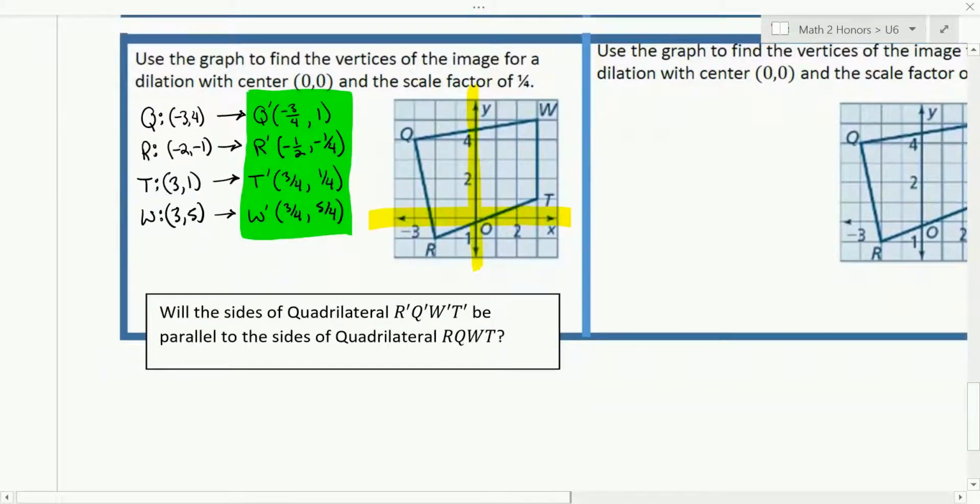There's a lot of detail into why that we're not going to have time to get into, but just know this, that corresponding sides in a dilation are not congruent, but they're parallel. And they're proportionate too, because we have similar figures.